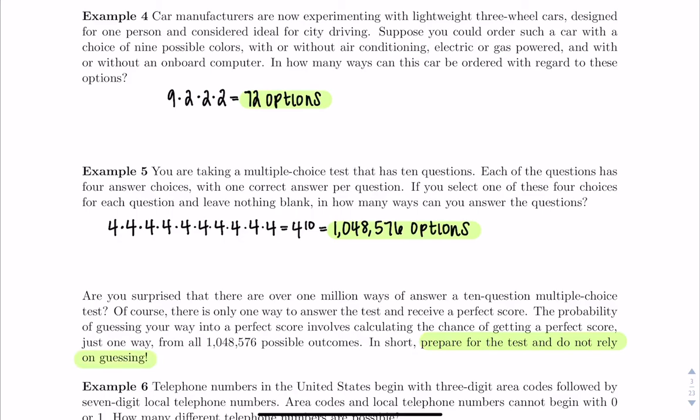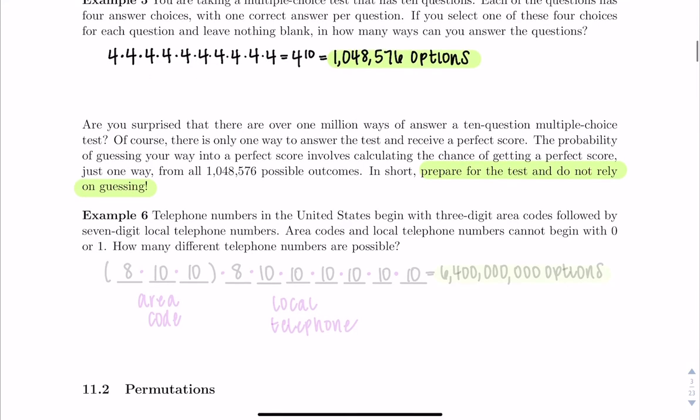And the last one. So telephone numbers in the United States begin with a 3-digit area code followed by 7-digit local telephone numbers. Area codes and local telephone numbers cannot begin with a 0 or a 1. So how many different telephone numbers are possible? So let's look at the area code first. We have 3 slots.